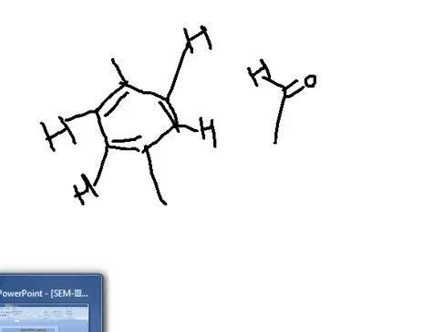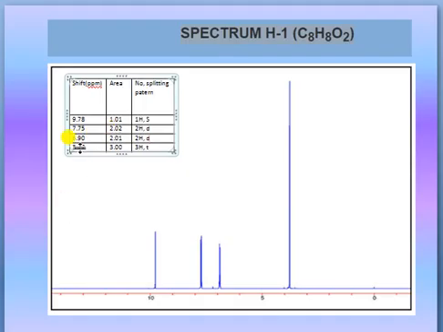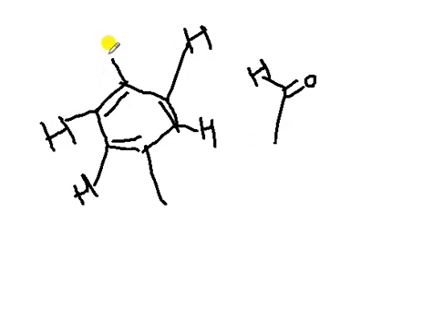You can see the values: this is 6.9 and 7.2. And 7.75 means very much electron withdrawing. So the aldehyde group is there directly. So we can write the aldehyde here.